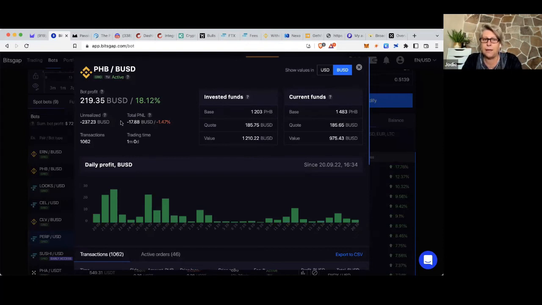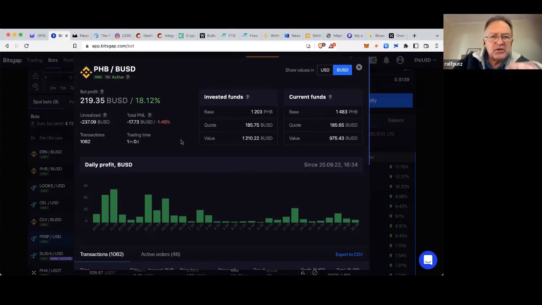So in this one, if I close this bot today, this is the money I get back into my account if I sell the coin and everything, but I would actually take a $17.73 loss on the whole thing. I've been paid $219 already. The actual value of PHB is less than what it was when we started. And if I was dumb enough to sell PHB right now, I would realize a $17.73 net loss.